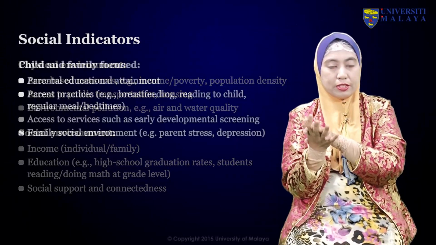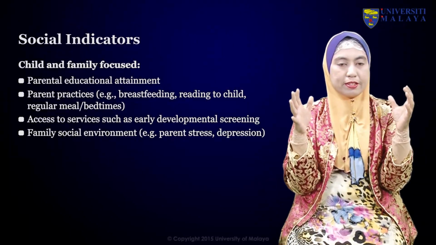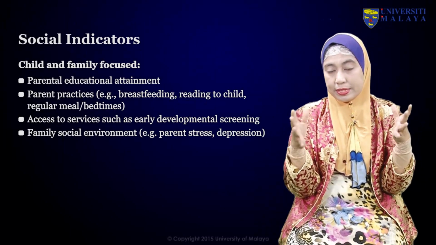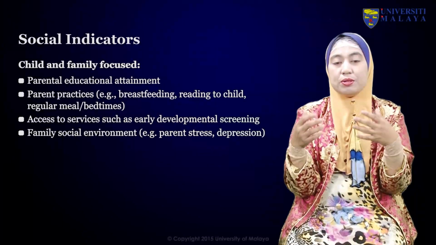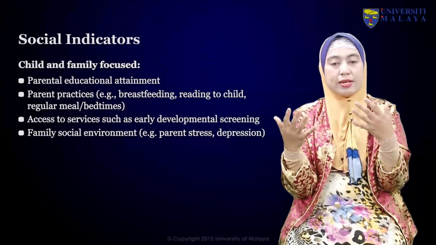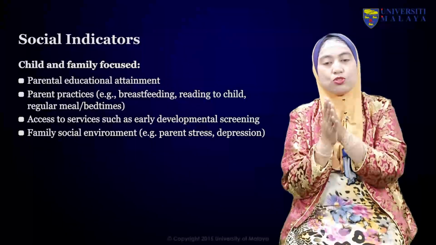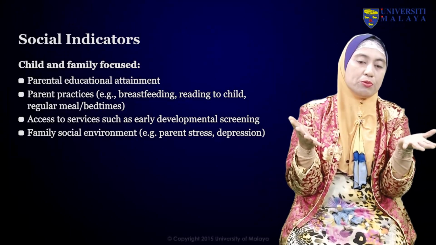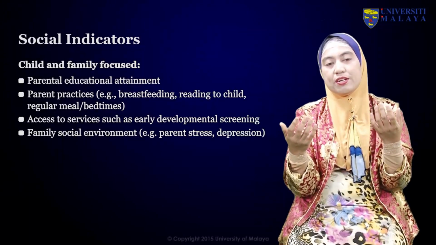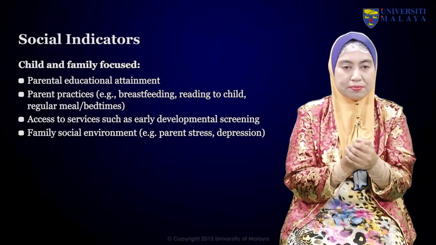And under social indicators also, we have child and family focus, where we can talk about parental educational attainment, parent practices like breastfeeding, okay, regular meals, regular bedtimes, and access to service such as early developmental screening, okay, for children, and also for family social environment where you can alleviate stress, okay, you can alleviate depression, or you can refer when they have parent stress or depression, okay.